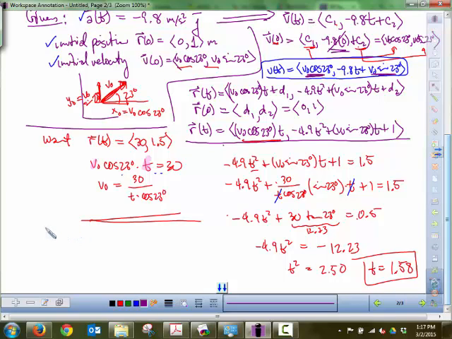Now that you have the time, you can put that to find the velocity or the speed, and that's 30 divided by 1.58 times cosine of 23 degrees, and that's equal to what? 20.63 meters per second.